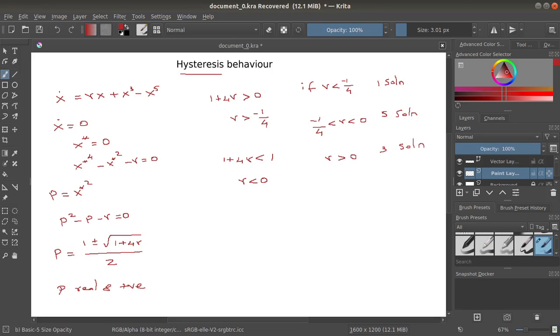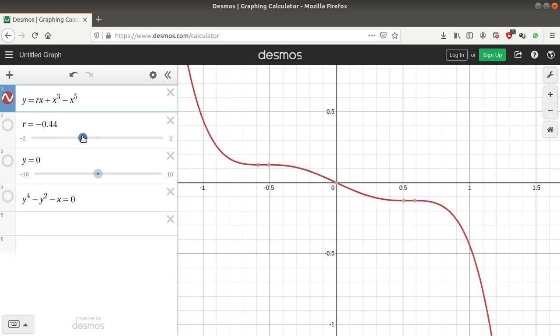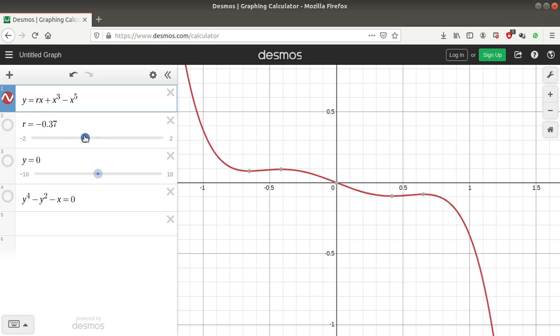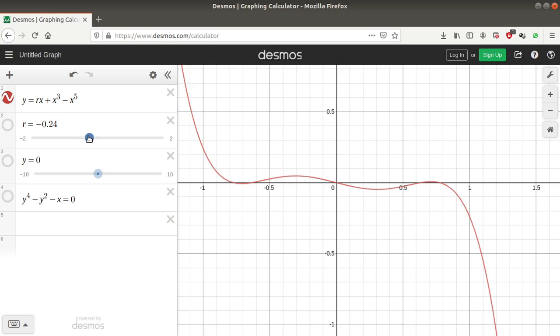So let's see this condition first. If my r value is less than minus 1 by 4, which is 0.25, exactly at 0.25, 4 more solutions are emerging.